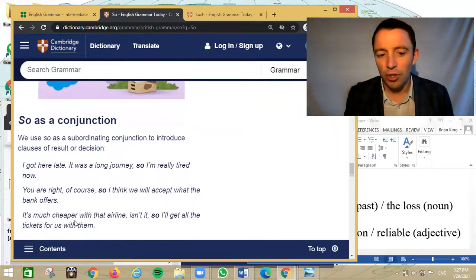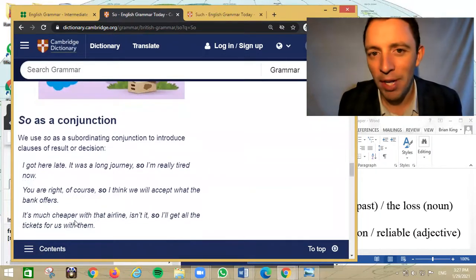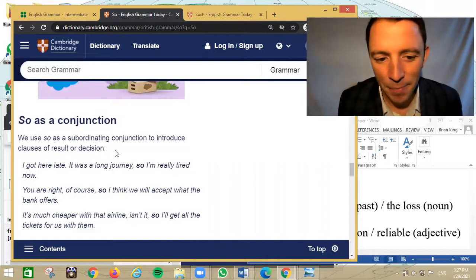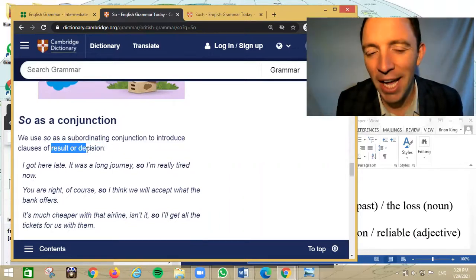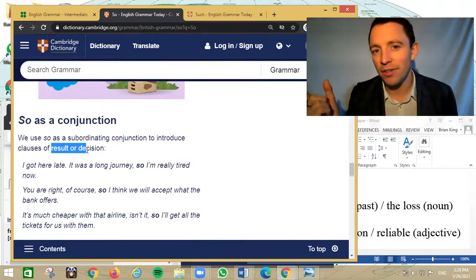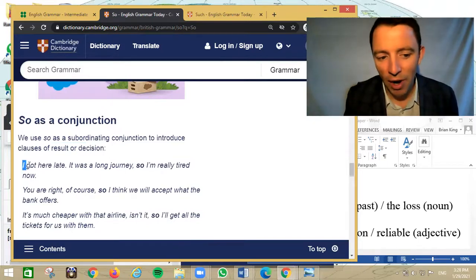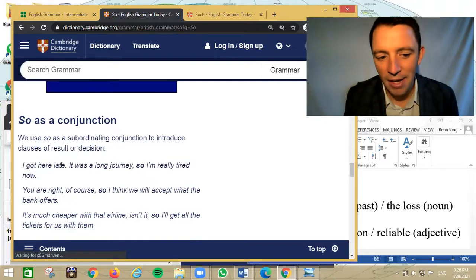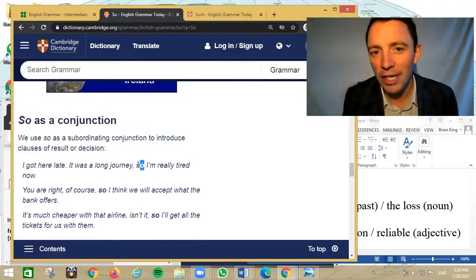And the next one as a conjunction. This is more typical and more understandable, I think. Conjunction to introduce clauses, result, or a decision. So again, "so" is the result. And here, I got here late, I arrived late. It was a long journey. The result of the long journey, so I'm really tired now.